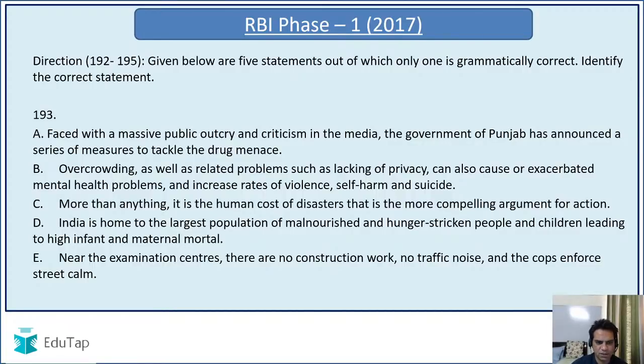Faced with massive public outcry and criticism in the media, the government of Punjab has announced a series of measures to tackle the drug menace. Option number B: overcrowding as well as related problems such as lacking of privacy can also cause or exacerbated mental health problems and increase rates of violence, self-harm and suicide.